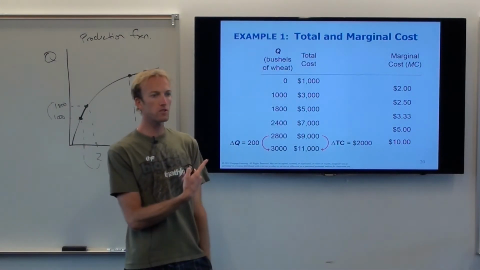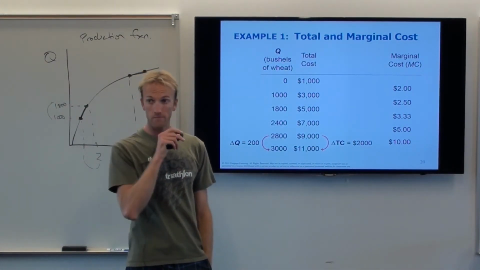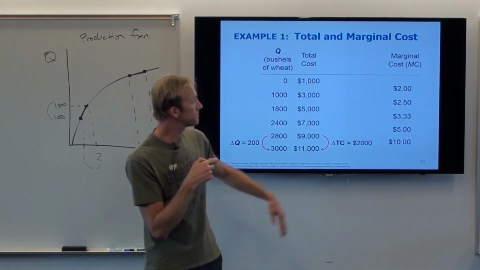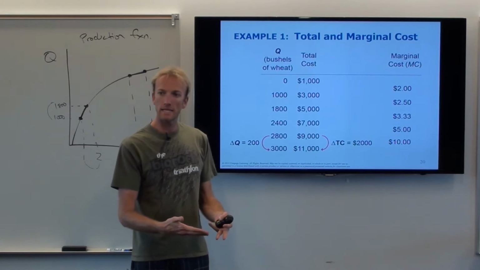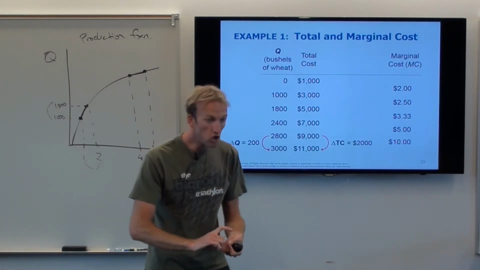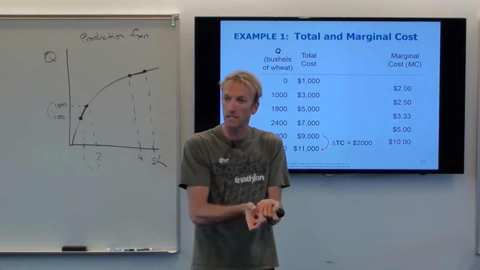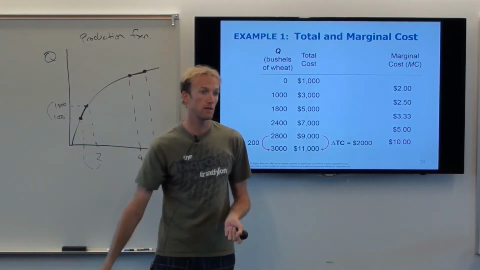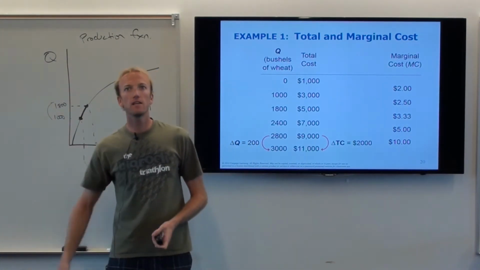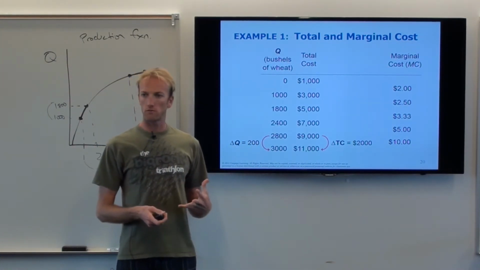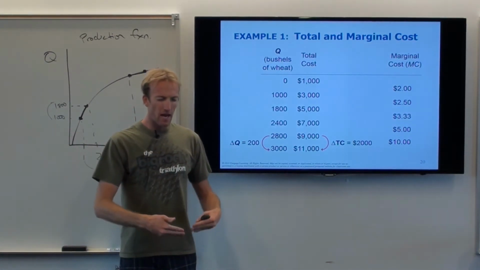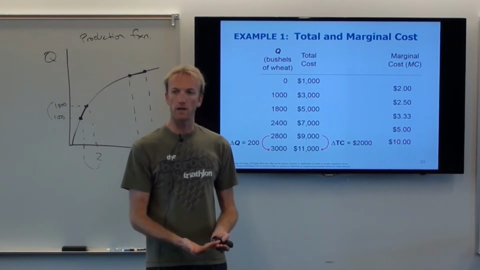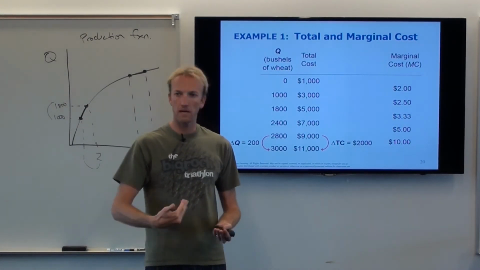So what do you notice about the marginal cost? Is it staying the same? It's going up. So as I make more and more wheat, the additional cost from one more wheat is getting more expensive. And that's the idea behind this marginal idea, the marginal cost. If I'm making 100 and I want to make 101 products, how much do my costs increase?